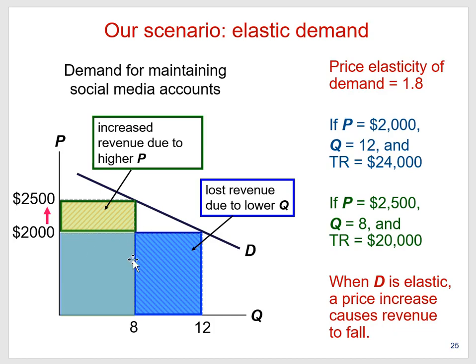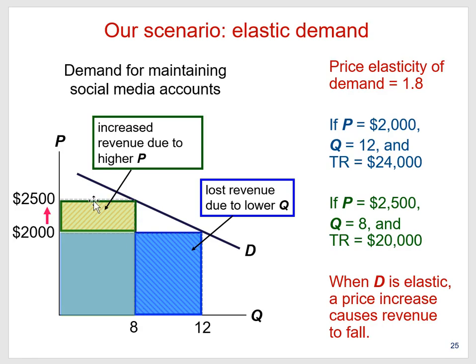Now we would like to increase our prices to 2,500. If that's done, we will now have only 8 customers with us. So that will be 8 times 2,500, a total revenue of 20,000 pounds. So it's the area of this rectangle. Now notice what happens.